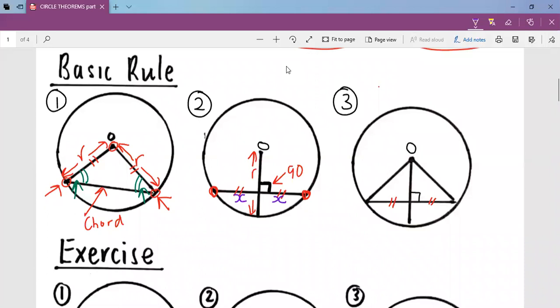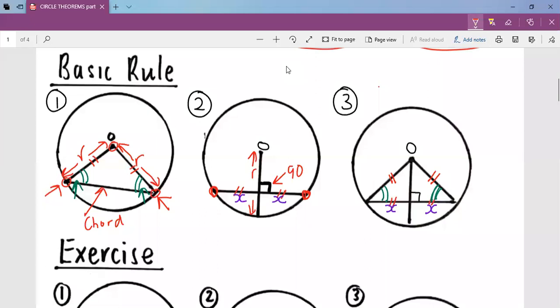And if it is cut into 2 equal parts, this part here and that part there will be bisected equally. Okay, now before we said number 1, if you have a radius and another radius, they form these angles to be equal. Remember, at all times, radius and radius will always be equal.